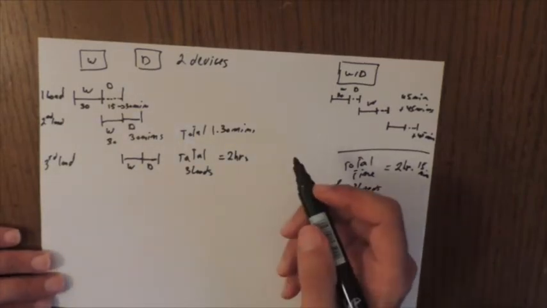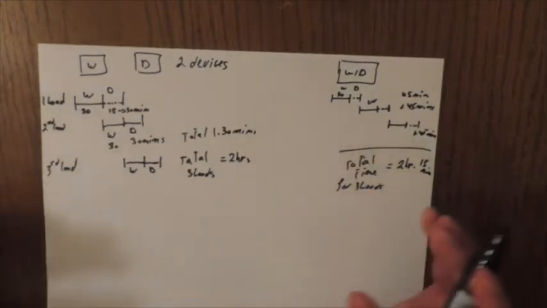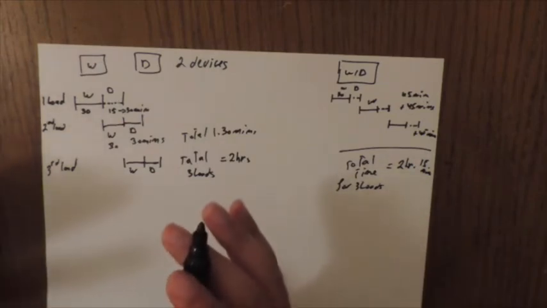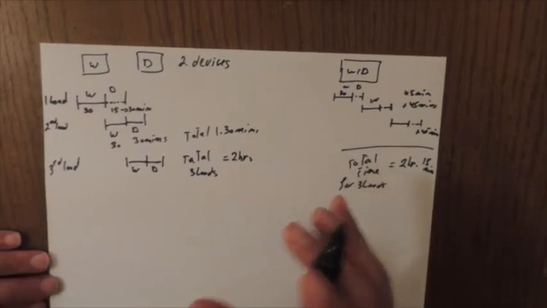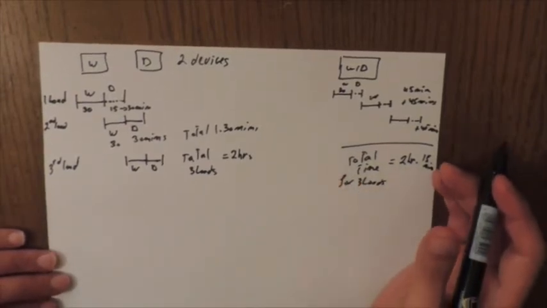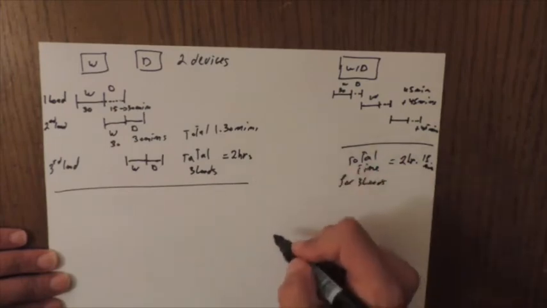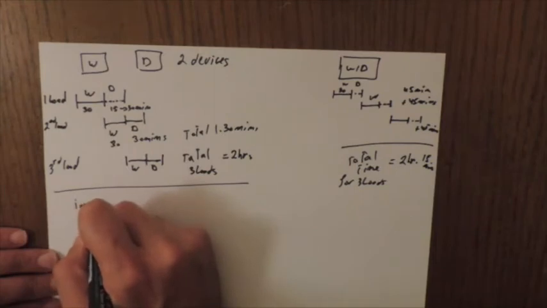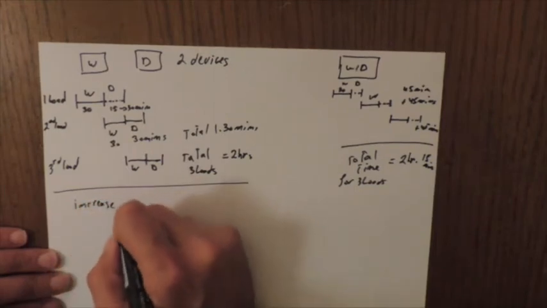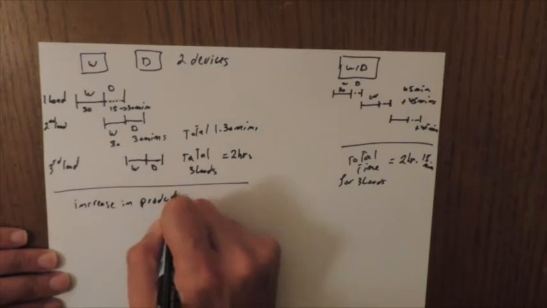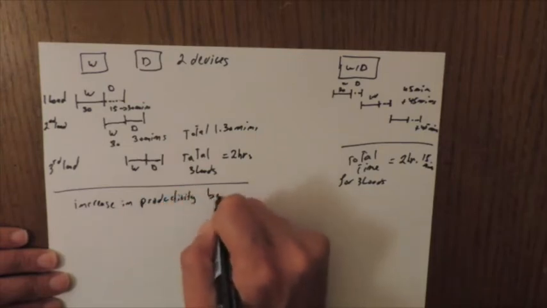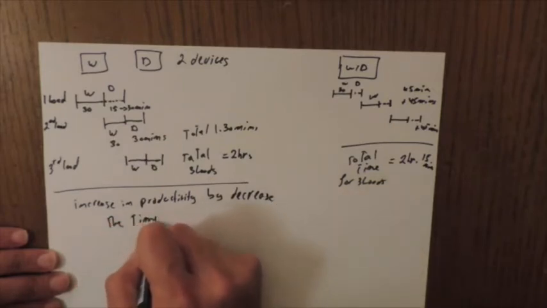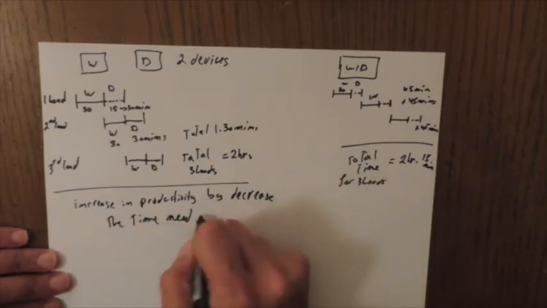Pipelining is the act of dividing a task into small problems and somehow reusing the components that are not doing anything to increase productivity. So in my case here, I have an increase in productivity by decreasing the time needed to complete the task.